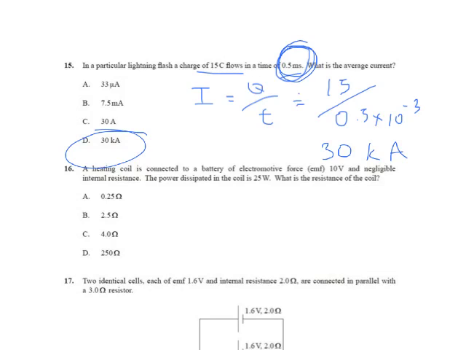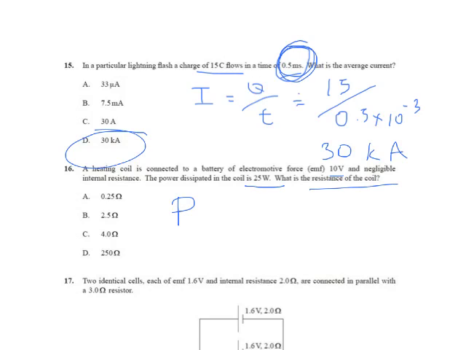16. A heating coil is connected to a battery of EMF 10 volts and negligible internal resistance. The power dissipated in the coil is 25. What is the resistance? Well, that's just a simple power resistance relationship.